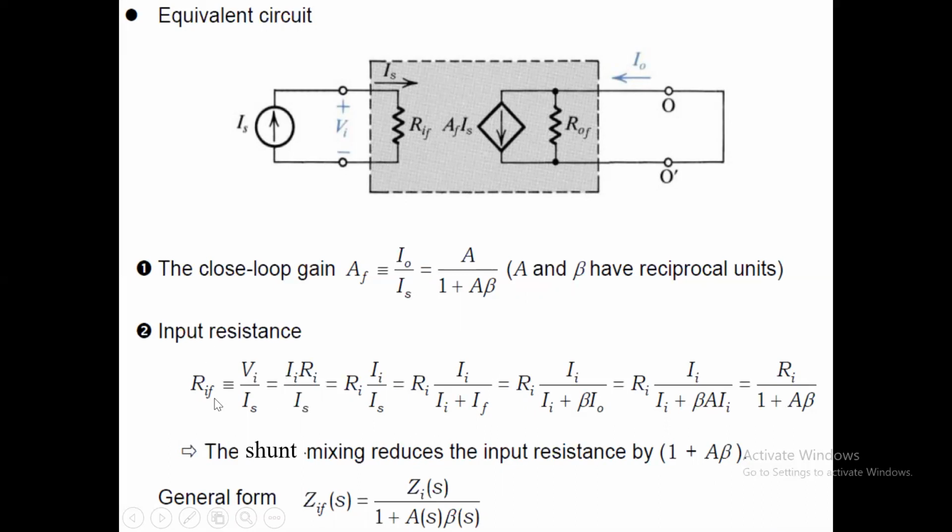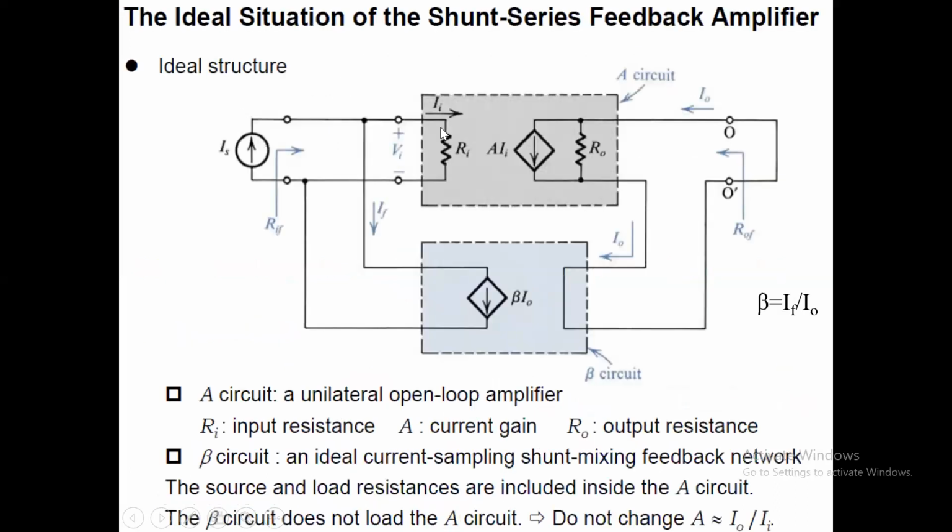The input resistance RIF is nothing but VI by IS. However, VI can also be written as II into RI.